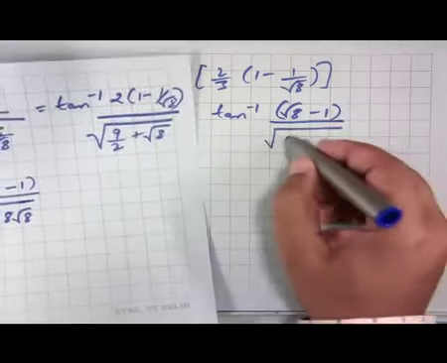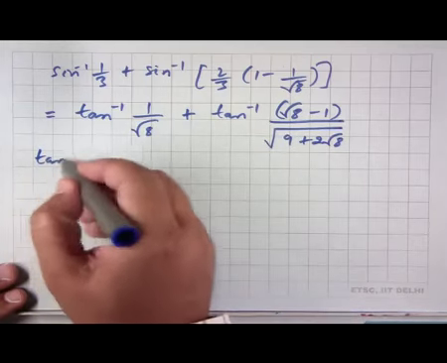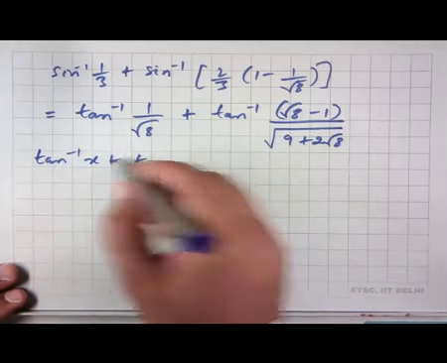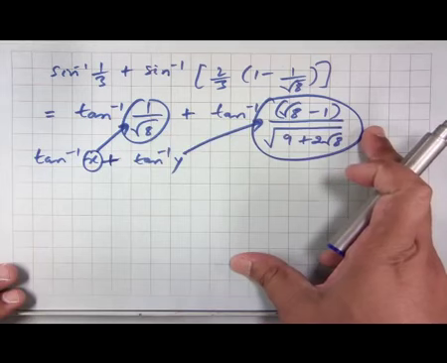So, now what we have done essentially is we have converted the sum of 2 sine inverses into the sum of 2 tan inverses, and then we use the tan inverse x plus tan inverse y formula. So, in this case what you can check, and that I will not do now, is that we have x equal to this value and y equal to this value, and you can check that the product of this x and this y is less than 1.